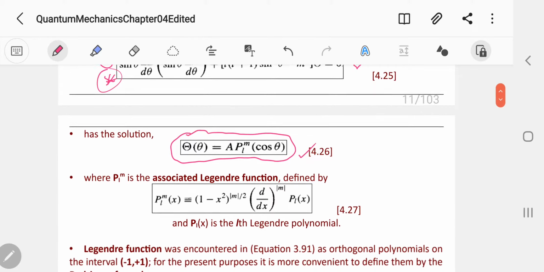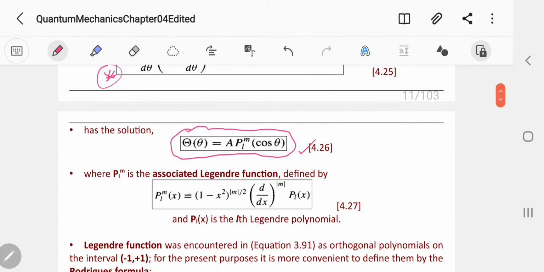So the P_l^m, whatever you call it, is called the associated Legendre function, and this is defined by this expression here. And the P_l of x is called the l-th Legendre polynomial.